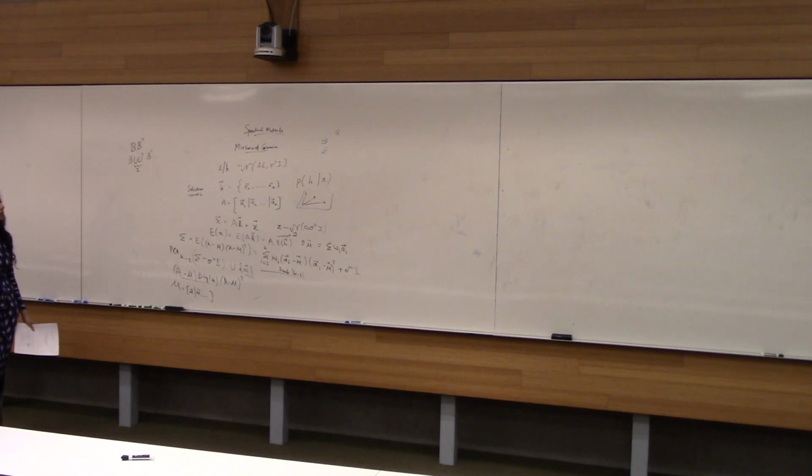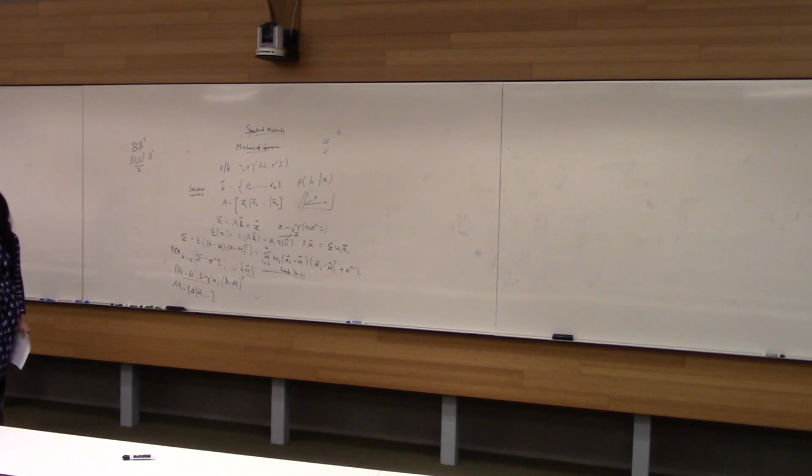So what is the popular method? You know, you've obviously seen k-means, and then if you are more sophisticated, you do EM, right? Which is nothing but soft k-means, right?